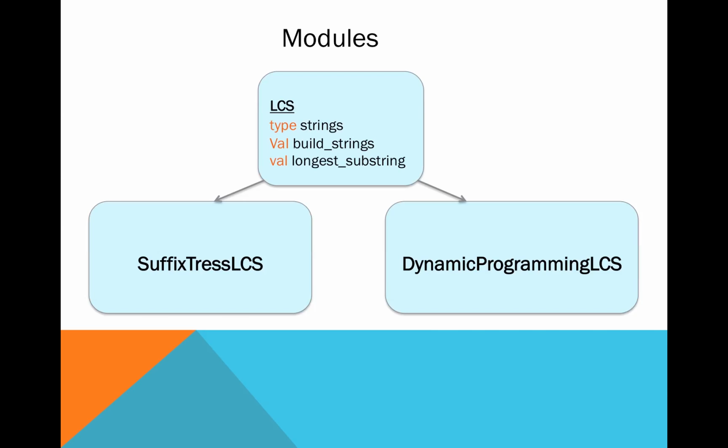In the case of the suffix trees, it will be a suffix tree, and in the case of the dynamic programming, it will be a matrix. And the other method is the longest substring, which takes the structure and gives back the longest substring.